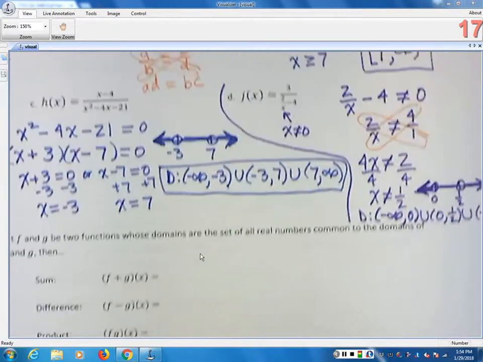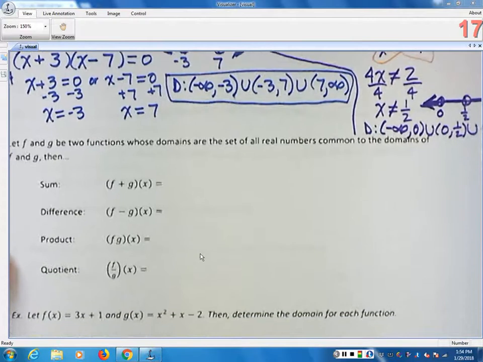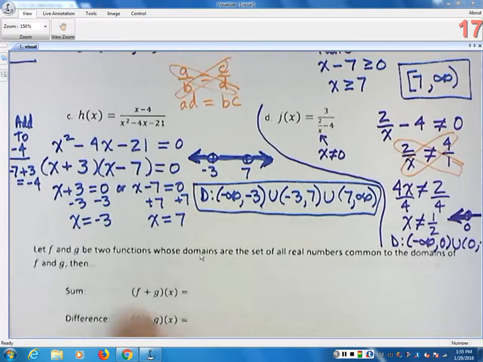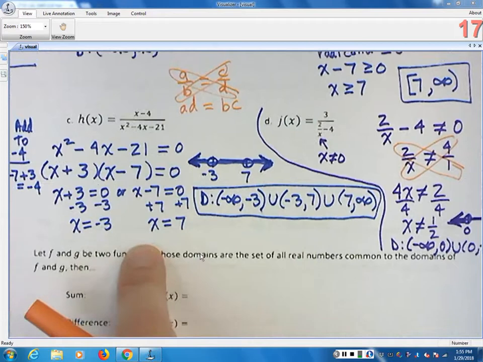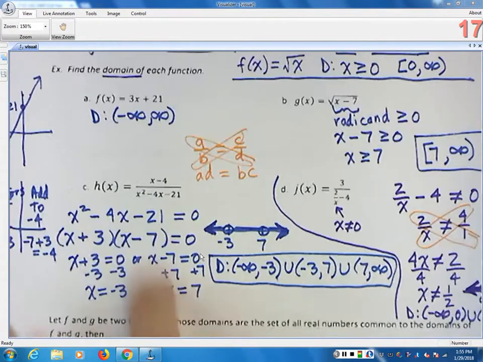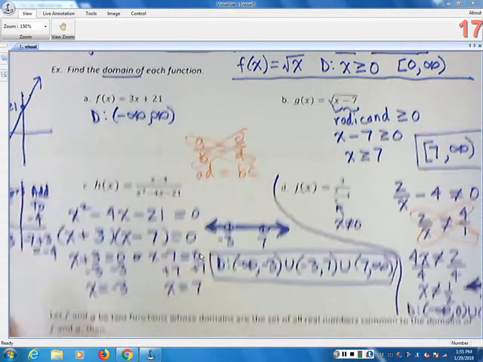You know everything to do that domain quiz that's out there, because that's what it's asking. And these are your algebraic steps. If you get one like this, you don't have to show any steps. Okay. All right.